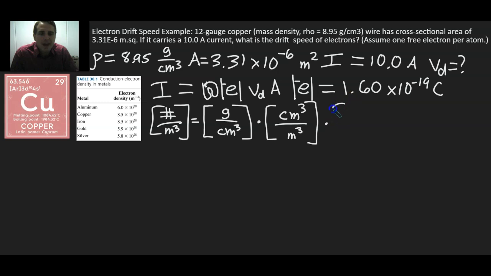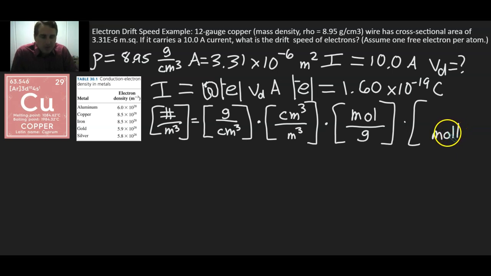We need to get that to number. In order to get that to number, I think we have to use moles via chemistry. So if we want to get rid of grams, we need to get to moles. And then after moles, we then need to consider how to get to a number.